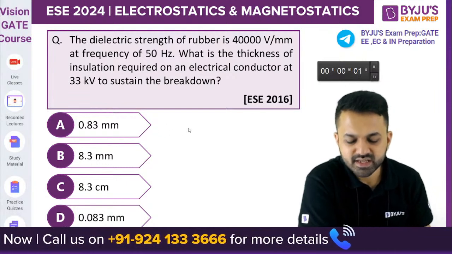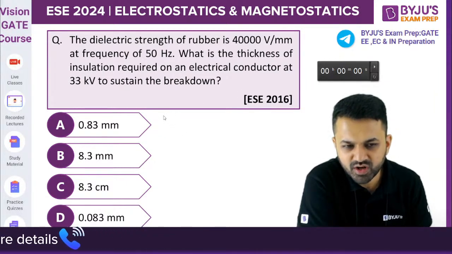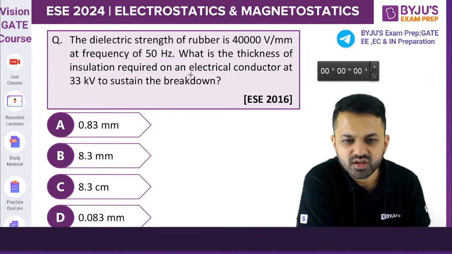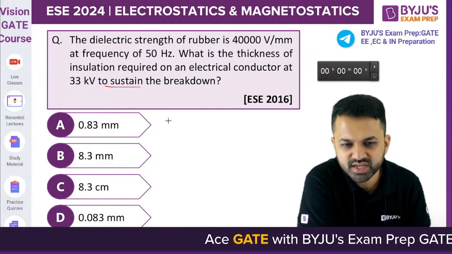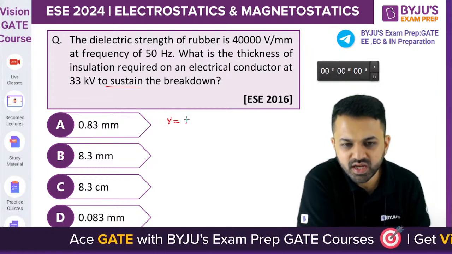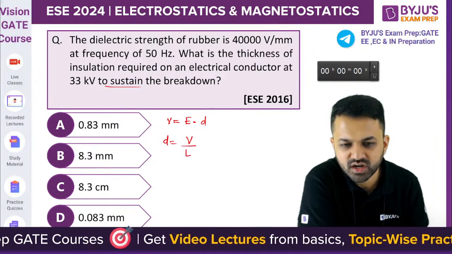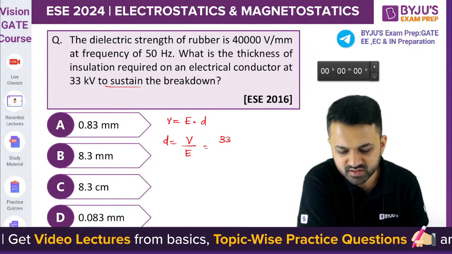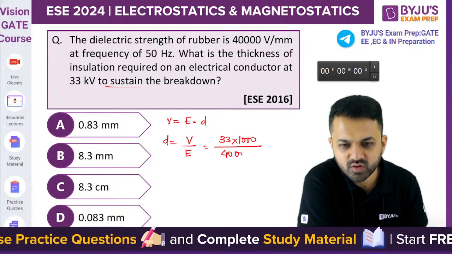Yes, so you can calculate the answer by the formula for electric breakdown. The breakdown voltage is given, and it is nothing but E into D. Thickness we want to calculate, so voltage upon electric field. Voltage is 33,000 and electric field is 40,000.